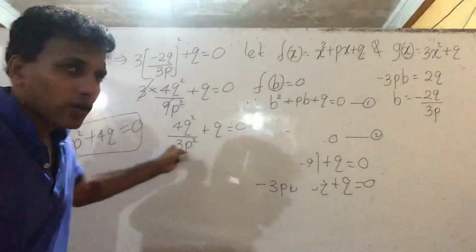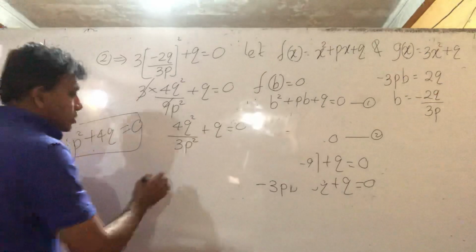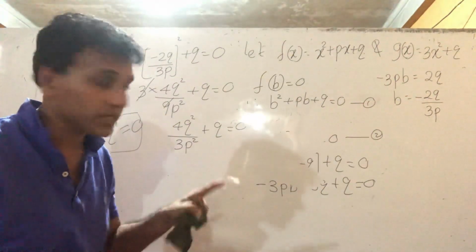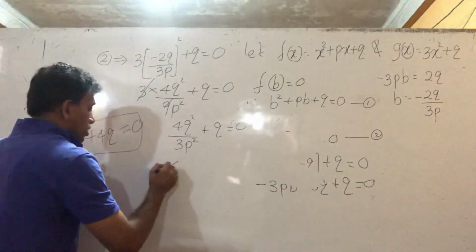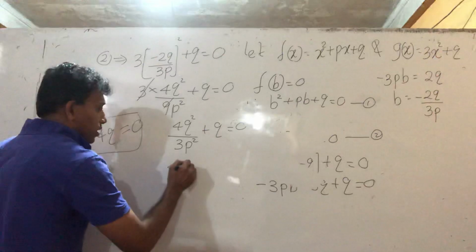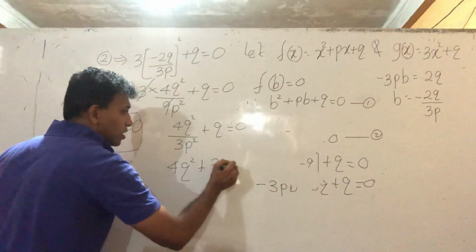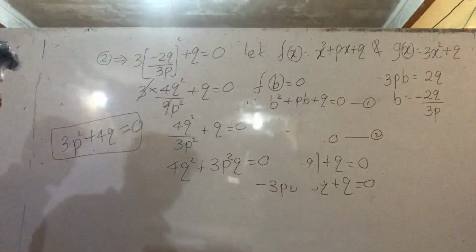Now you can multiply by the LCM, multiply 3p square everywhere. If you learn properly in O-level mathematics in schools or any tuitions, you know what is happening here. Multiplied by LCM 3p square: 4q square, and here multiply 3p square q equals 0, okay.